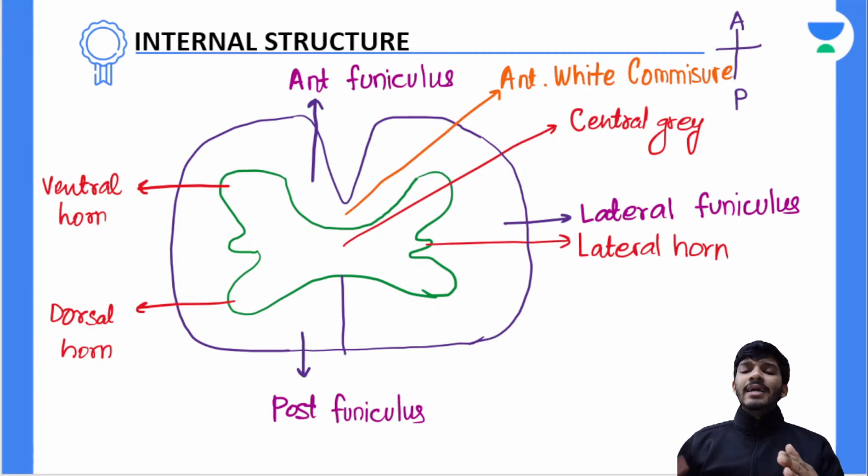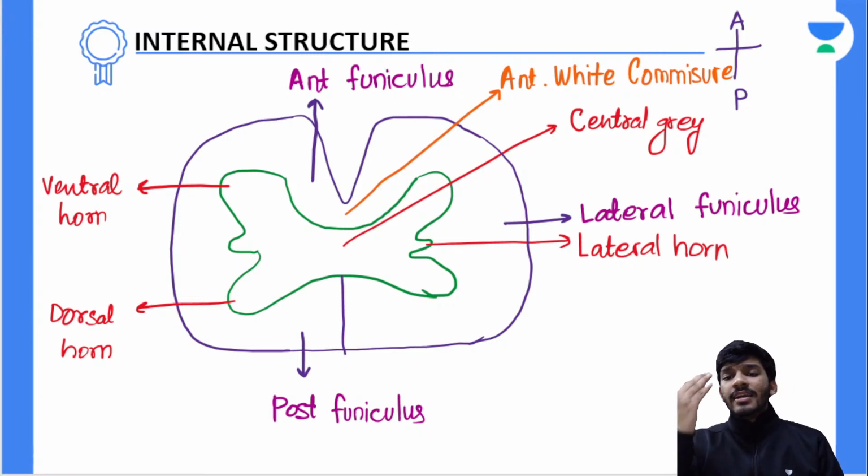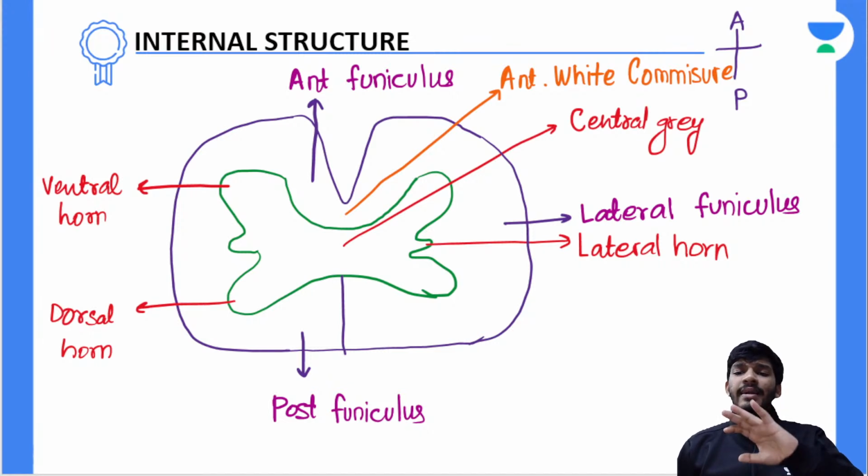The neurons are present in cell layers. There are almost 10 cell layers present in the gray matter, and they are called the Rexed laminae.